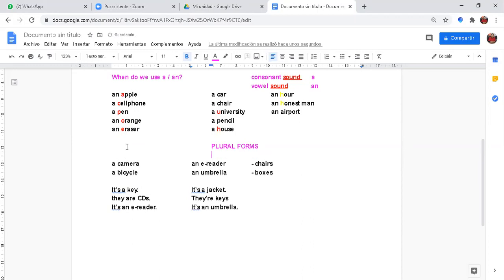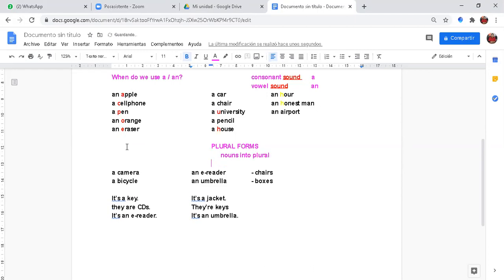When we use plurals, in order to change a noun into plural, what do we need? What do we need to pluralize nouns?